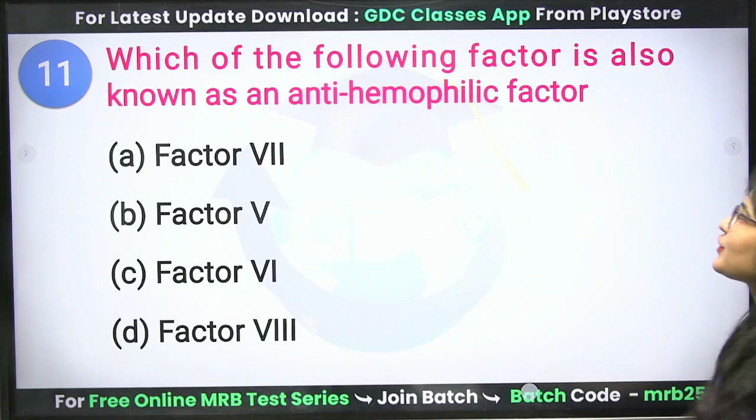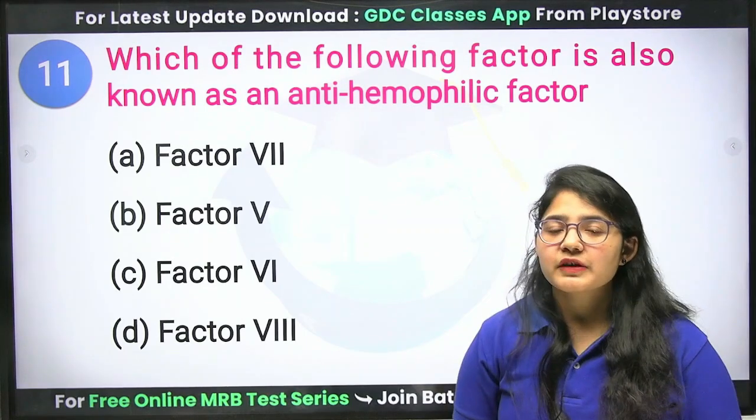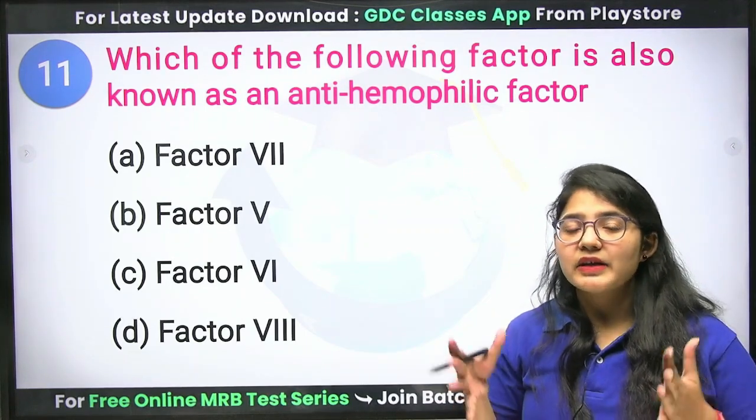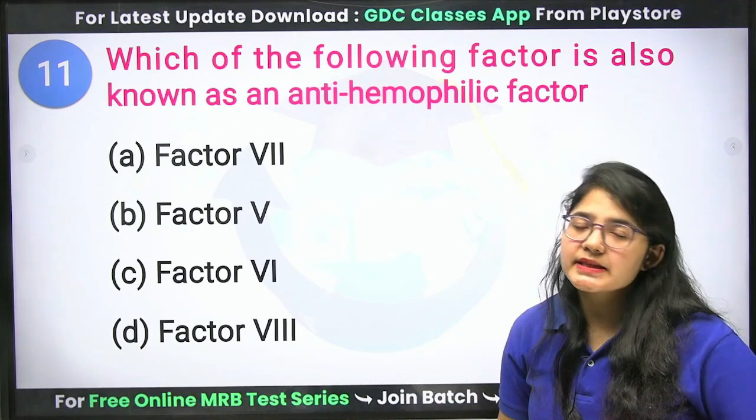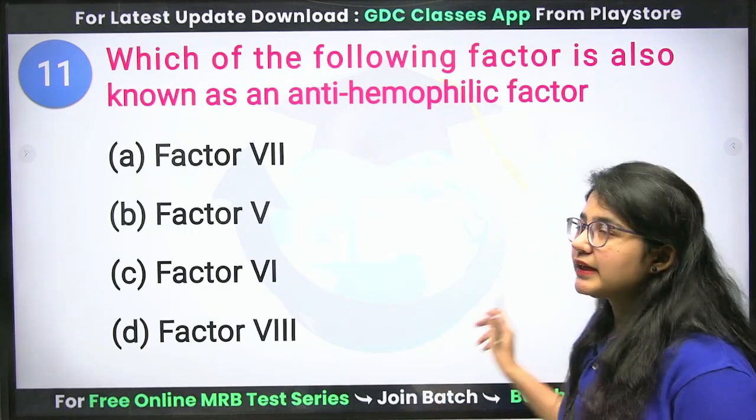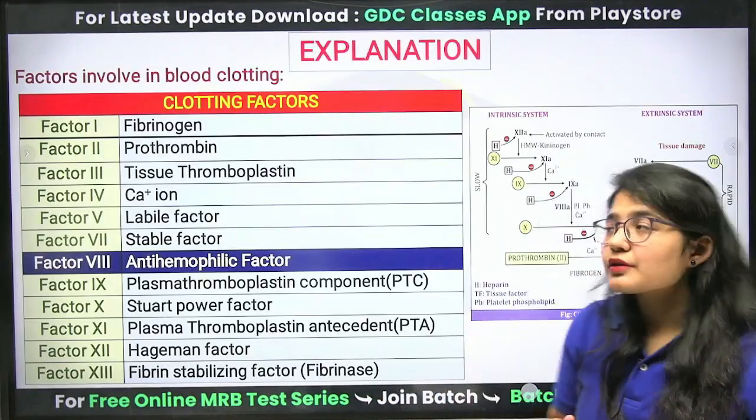Next question. Which of the following factors is also known as anti-hemophilic factor? First of all, you need to learn there are 12 clotting factors. We know that factor number 6 is always missing. Now you need to memorize all those clotting factors.